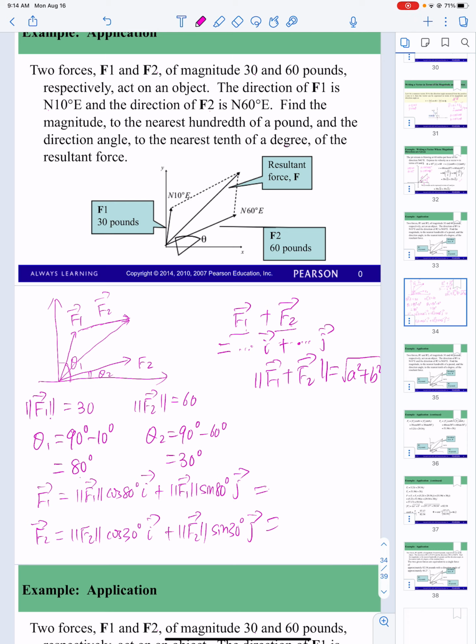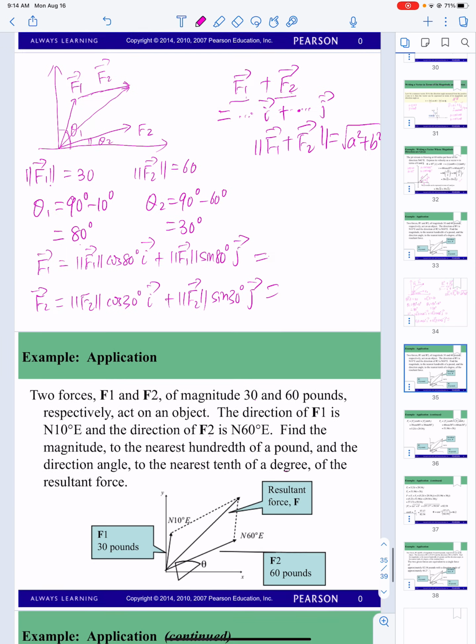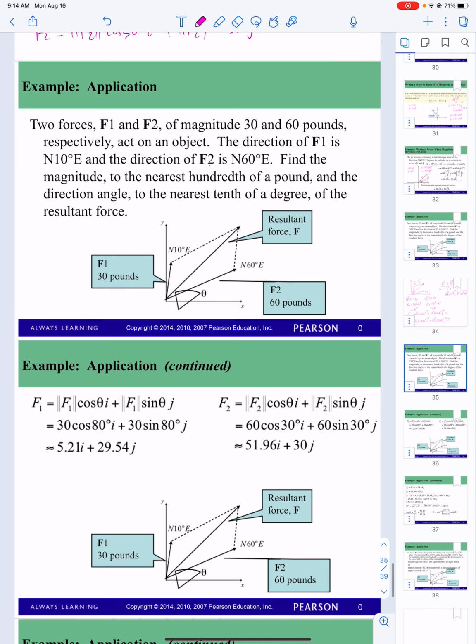A lot of students will say 30 pounds and 60 pounds are the horizontal component and the vertical component. No, that is the magnitude of F1 and F2. You have to find the vector first. So you find the vector of F1, you find the vector of F2.